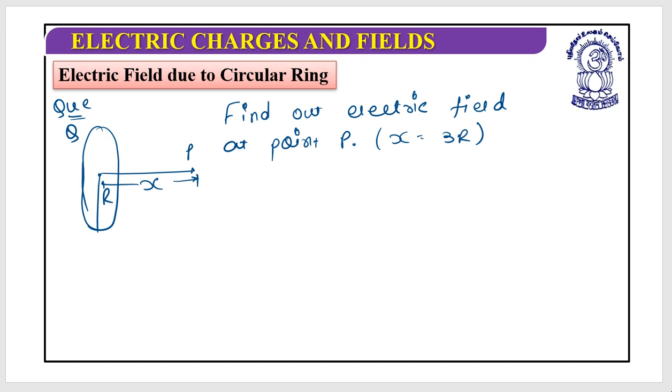Now, how could I do this? First, write down the magnitude. E is equal to k q x divided by x square plus r square to the power 3 by 2. Now just replace the value of x with 3r. Do it in your book. Do it fast.